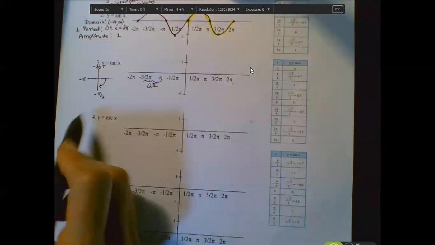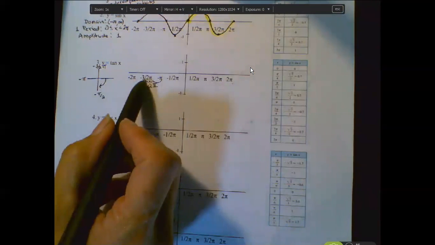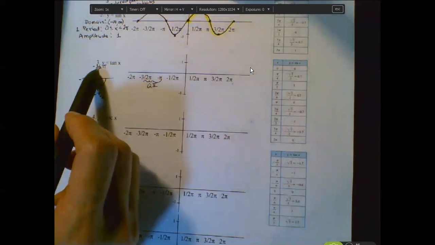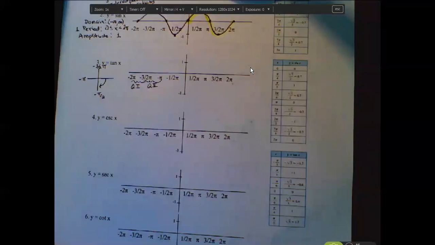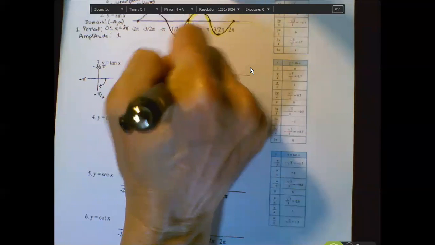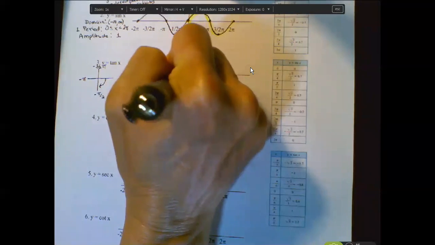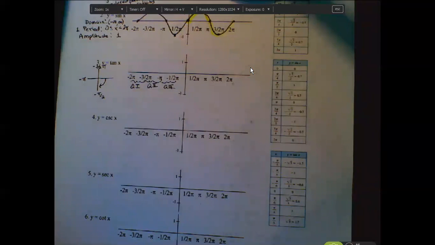And from negative 2 pi to negative 3/2 pi, well, here's negative 3/2 pi, that would be negative 2 pi. This would be quadrant 1. This would be quadrant 3, because we're counting backwards. Yeah. Okay, that makes a lot more sense. Okie doke. Yes. Thank you. You're welcome. Any other questions about tangent and cotangent?